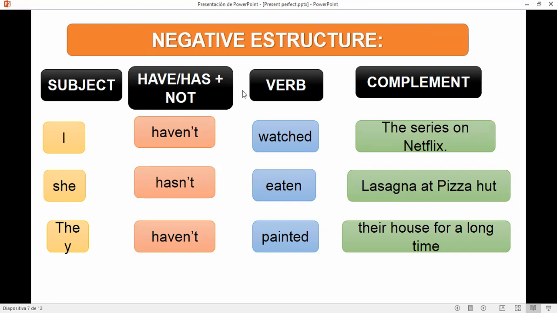Okay? That is in negative, but what happens with the interrogative? Do you have any idea about interrogative sentences? What is going to happen with the interrogative sentences? Auxiliary verb, what is the auxiliary verb? Have.